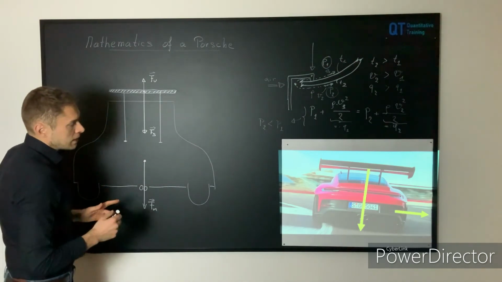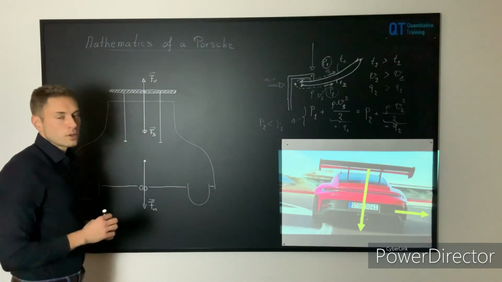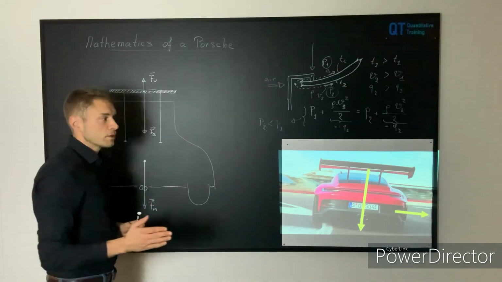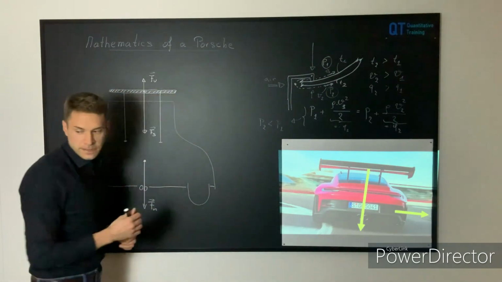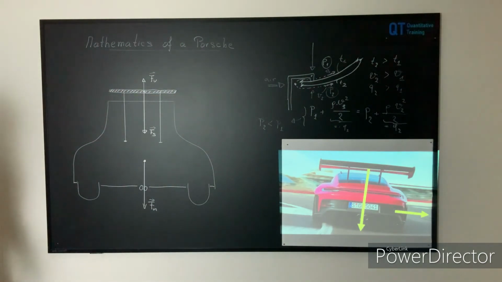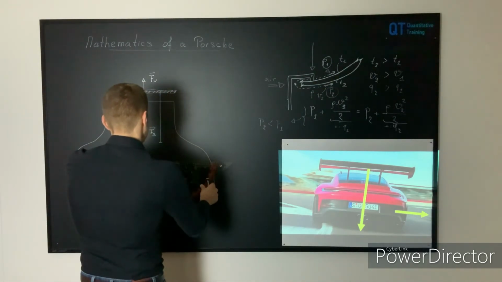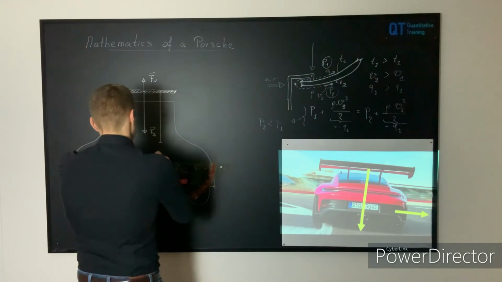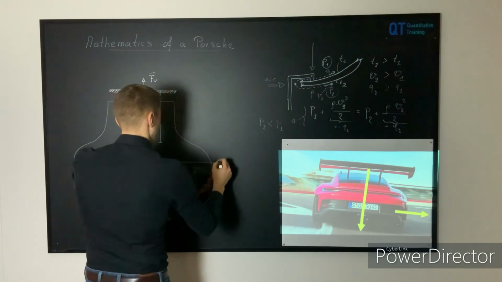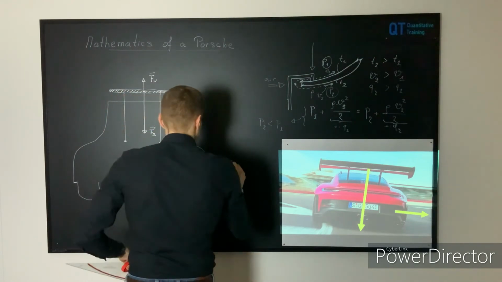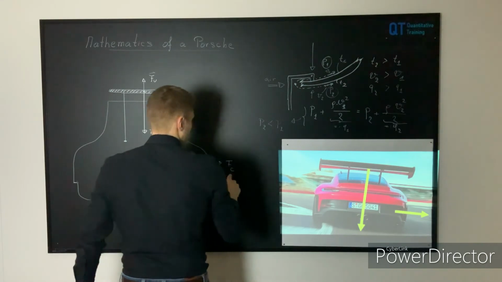Then we come to the last point, which was the centrifugal force when the car is on a banked trajectory. We have a centrifugal force that goes from the center of mass outwards, and we call it Fc for centrifugal.